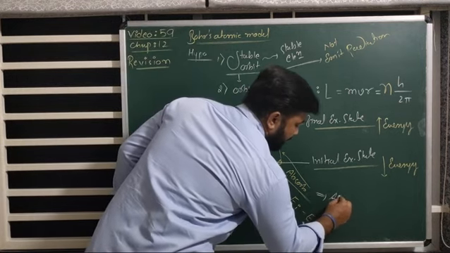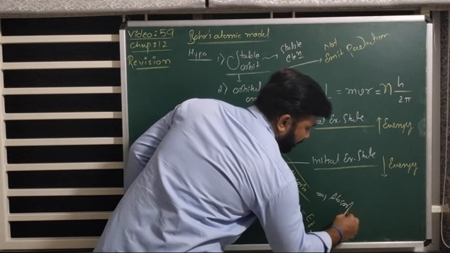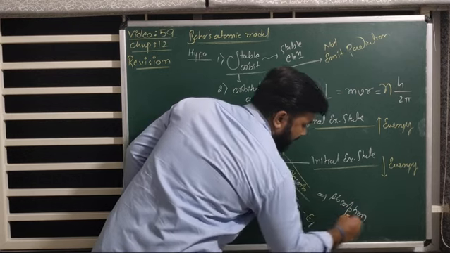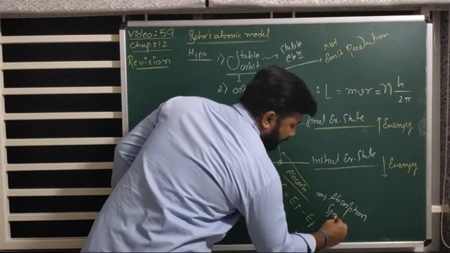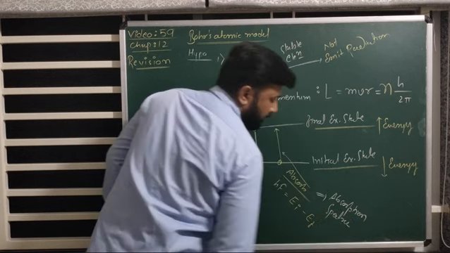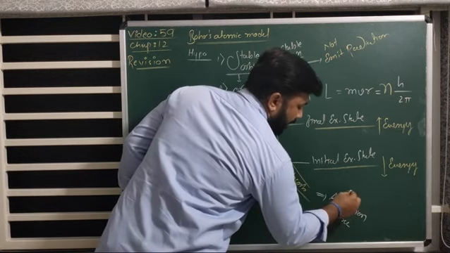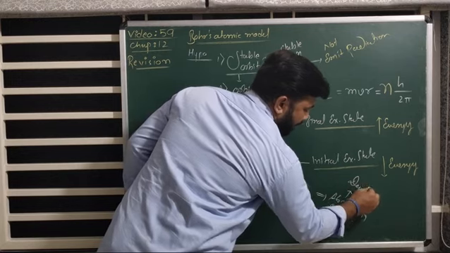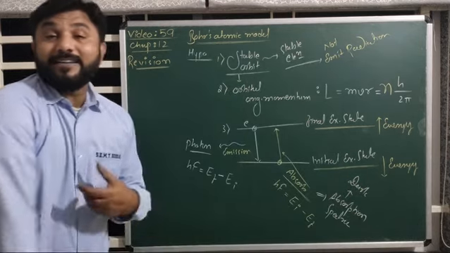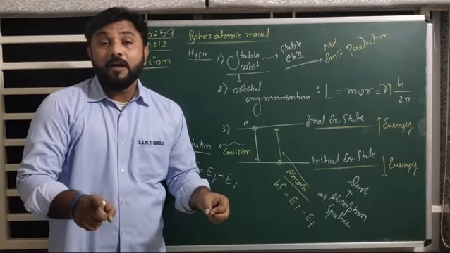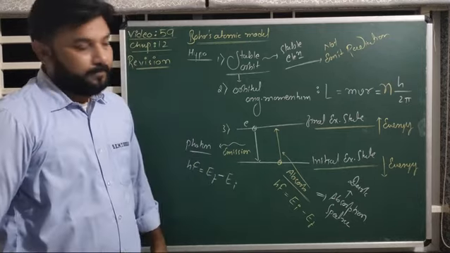absorption spectra. And this absorption spectra appear dark, and you can get those dark lines in a white background.